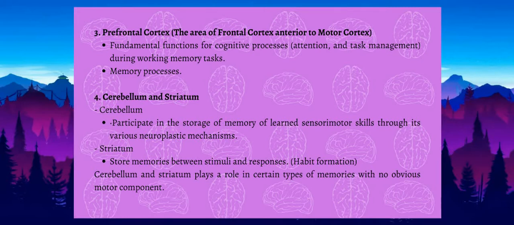Knowlton, Mangels, and Squire in 1996 found out that Parkinson's patients who had striatal damage cannot solve a probabilistic discrimination problem. The problem was a weather forecasting game, and the task was to predict the weather by pressing rain or shine. The patients based their answers on the stimulus card presented.